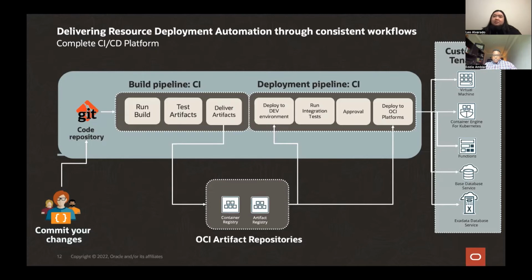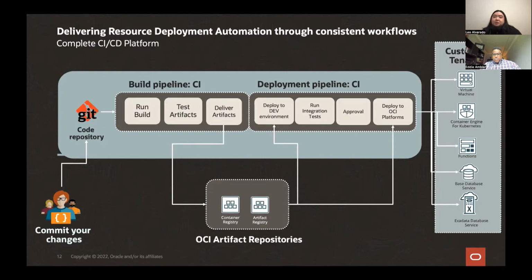So it can help them deliver the resource deployment automation. With the DevOps cloud service, they can automate the entire software delivery lifecycle. They can easily develop and manage code, build, test, deliver, and deploy their software to the OCI platform.